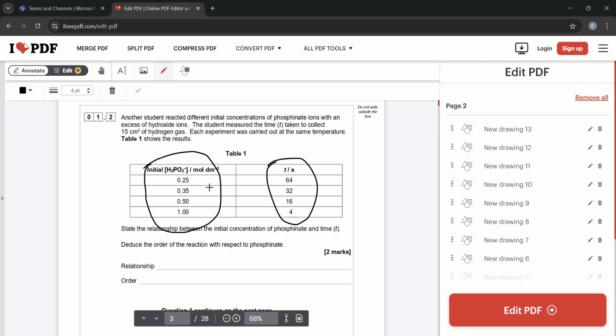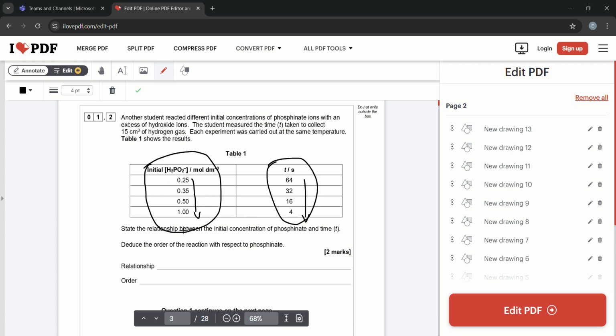1.2, state the relationship between the initial concentration of phosphonate ions and time. Well, we can see that as the initial H2PO2 minus increases, time in seconds decreases. That's a clear observation, you can see. So, what can we really say?